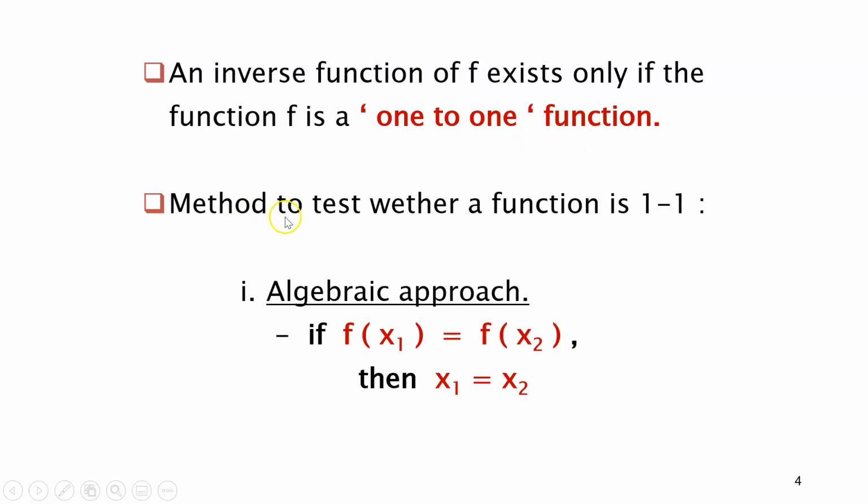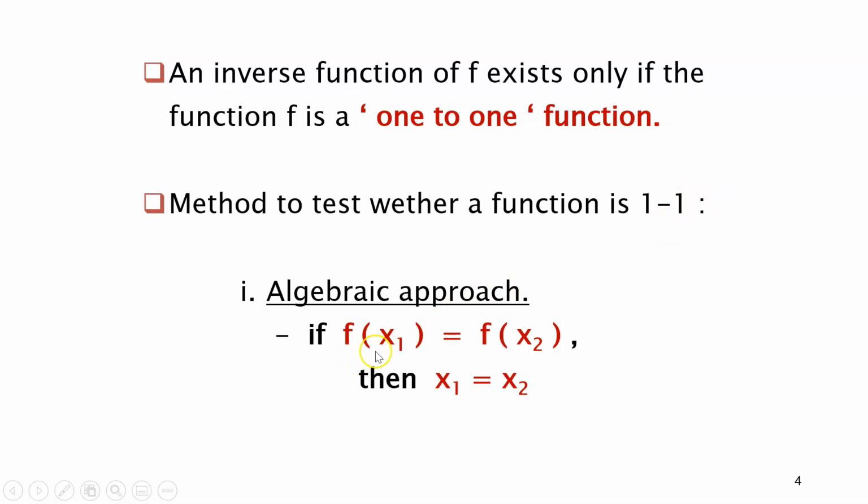Okay, then the method to test whether a function is one-to-one, the first one, we're going to use algebraic approach. We're going to test whether it is one-to-one, to make sure that it will have an inverse function.